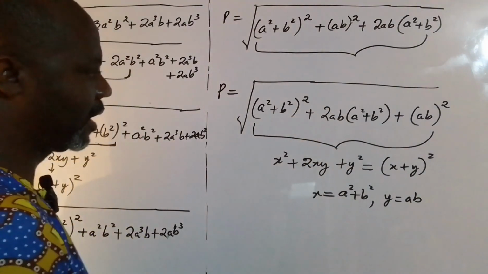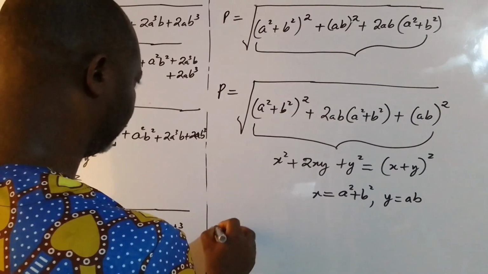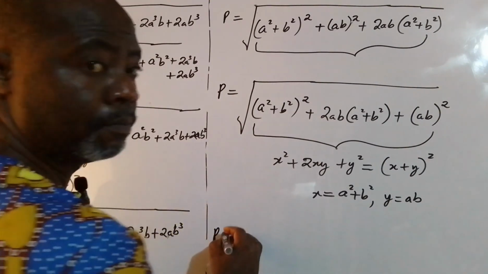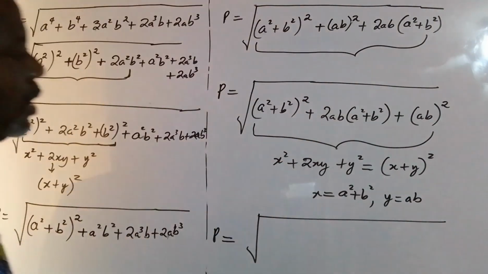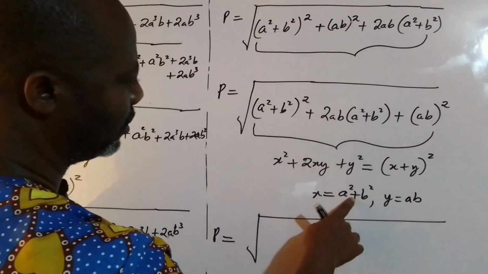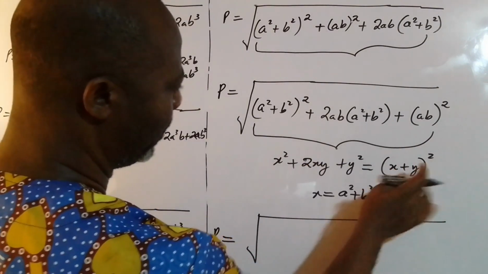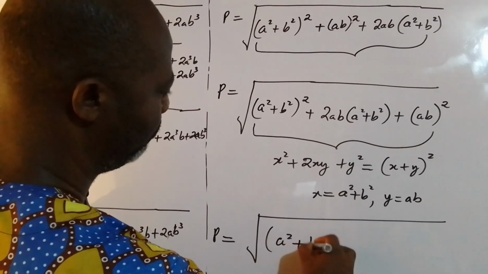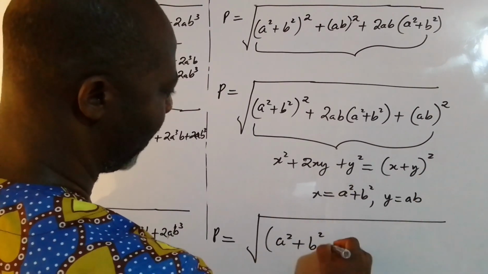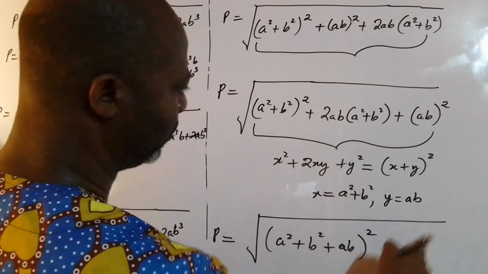So if that's the case, this expression now becomes P equals the square root of, if we use this identity here, the whole of this becomes (a squared plus b squared, that is for x, and then for y we have ab), all of these squared.